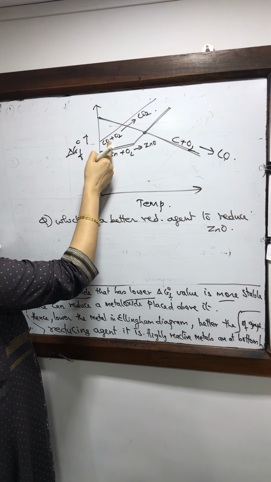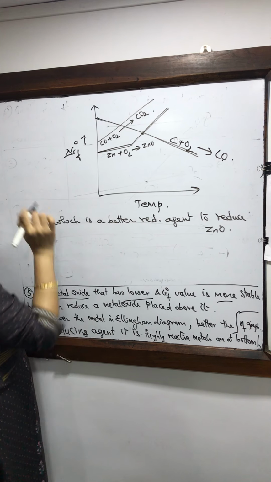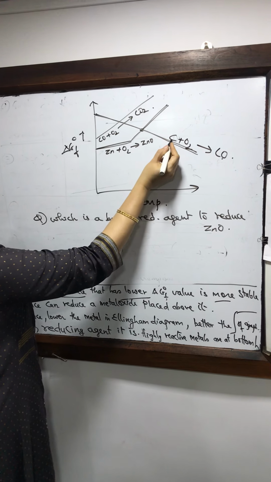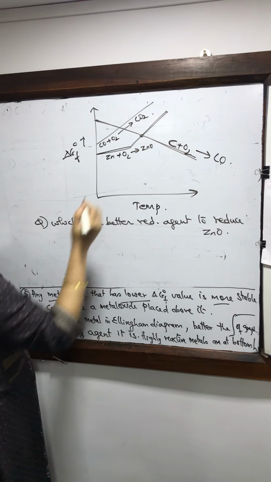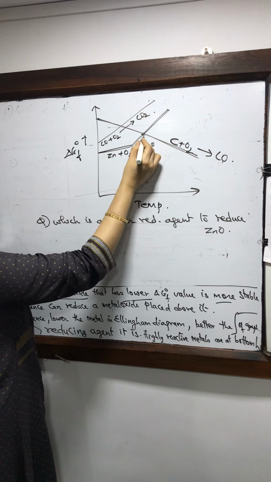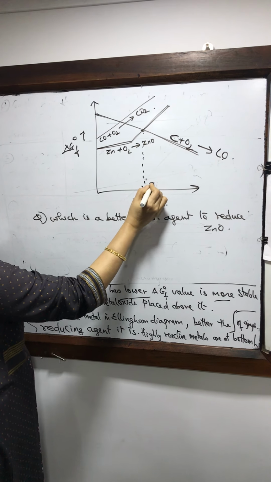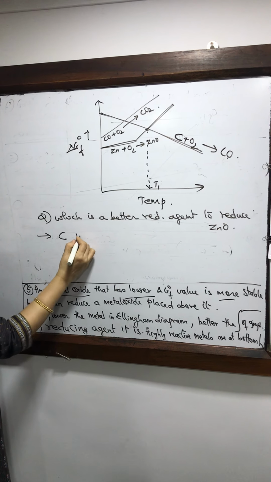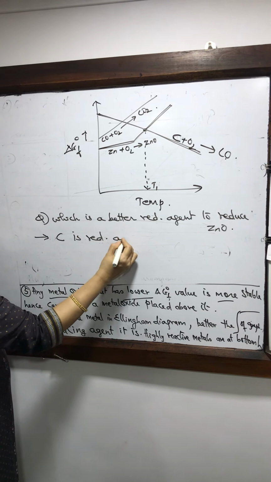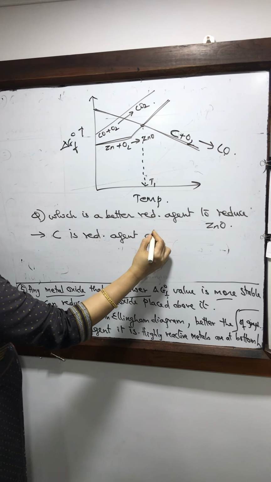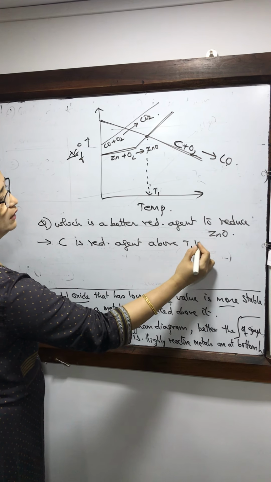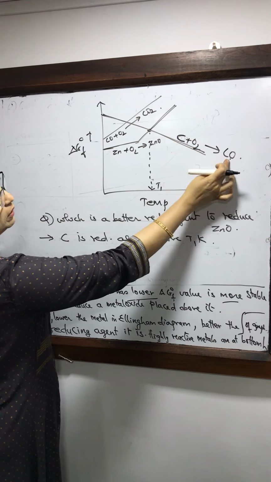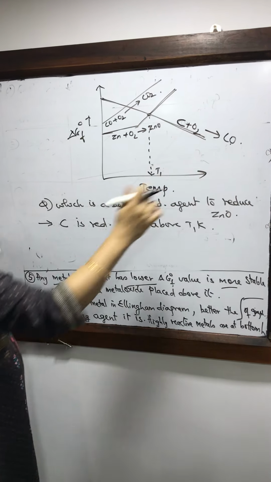But the graph for carbon monoxide is above zinc, so this cannot behave as a reducing agent. The reducing agent will be carbon, and that will be beyond this temperature T1. So we will say carbon is the reducing agent above T1 Kelvin, because then the graph for carbon to carbon monoxide is coming below, which you can see in this graph here.